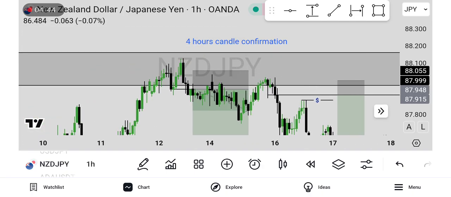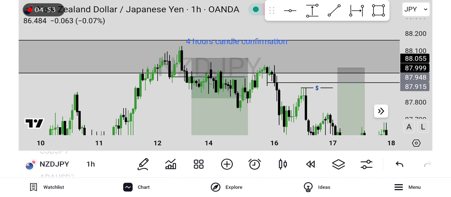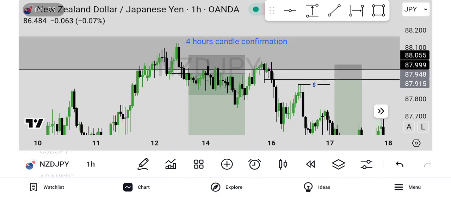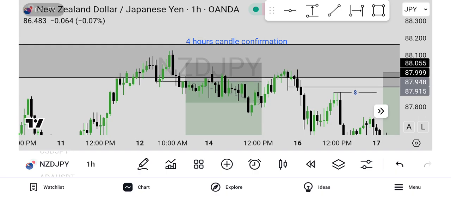So on this place, I used this as my entry. This little order block here was filled because it pushed price up.